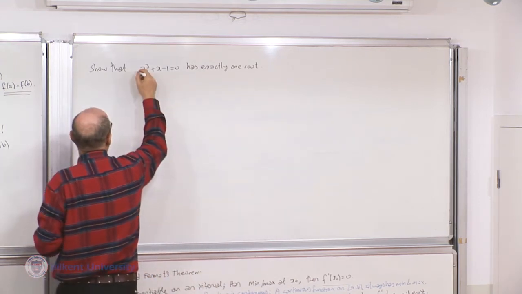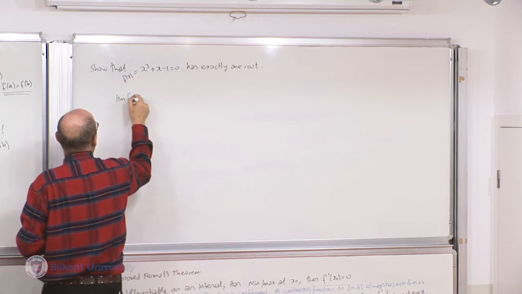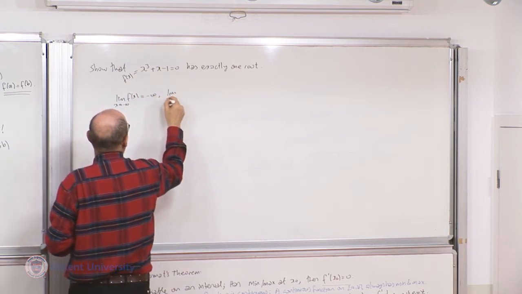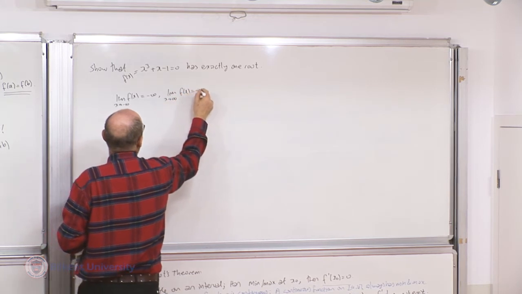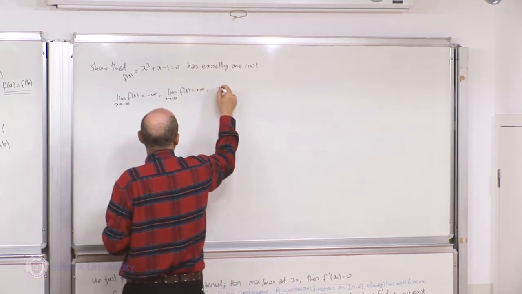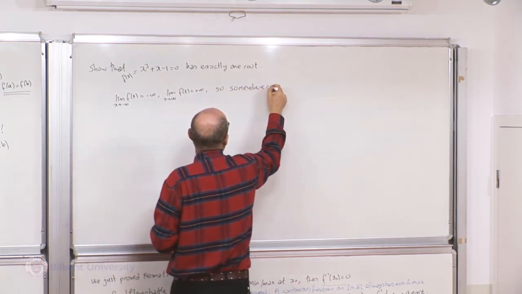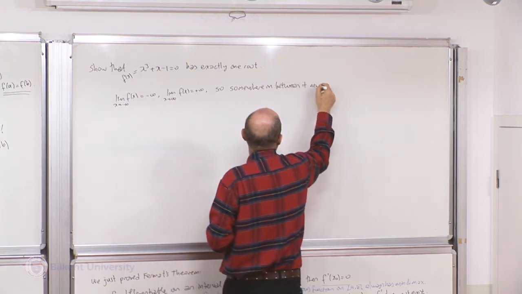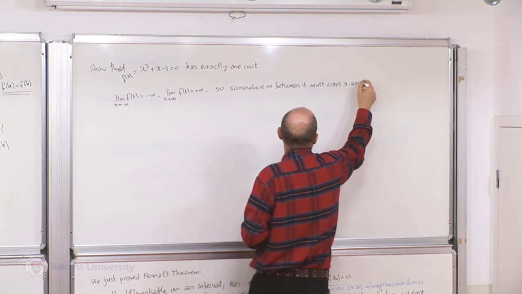Let me call this f of x. The limit of f of x as x goes to minus infinity is minus infinity. The limit as x goes to infinity of f of x is plus infinity. So somewhere in between, it must cross the x-axis.